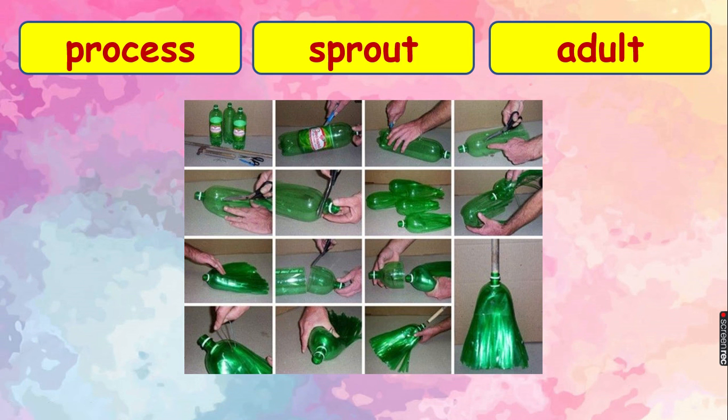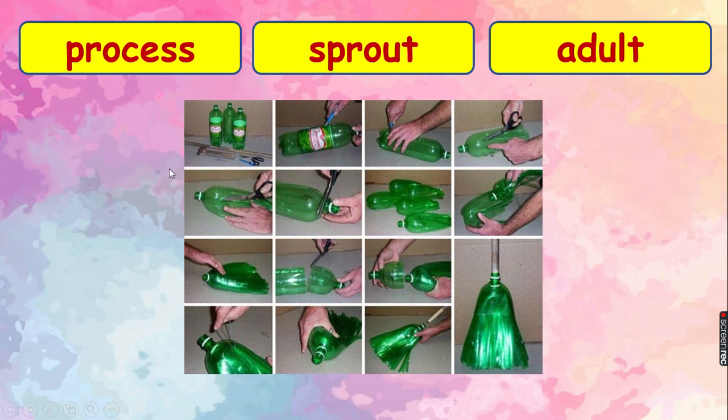This process, do you think it's a cycle? Is it a cycle? Yes or no? Yeah, no. It's not a cycle. It's just a process. Because from this is the last part. Now you can use it for cleaning.